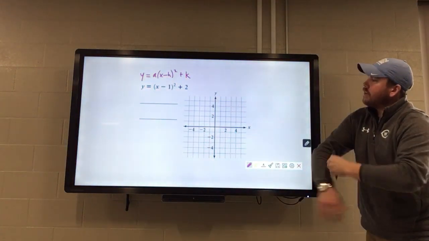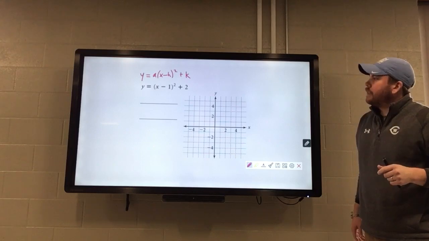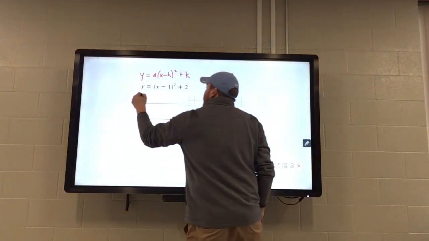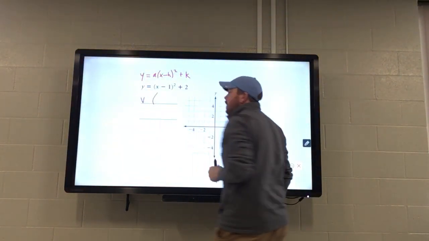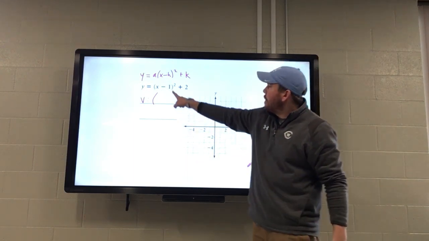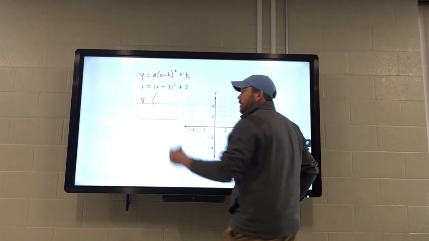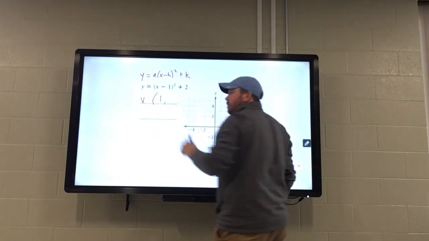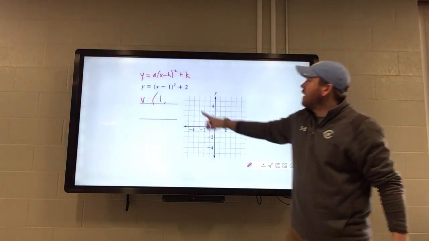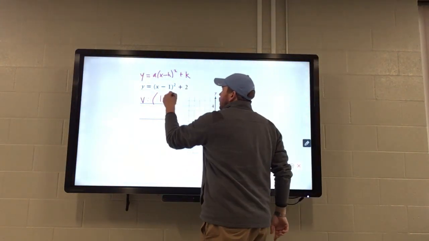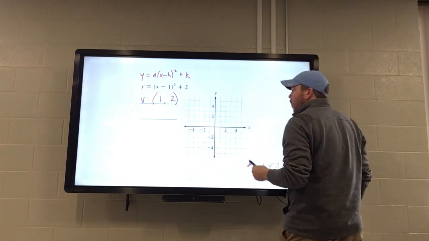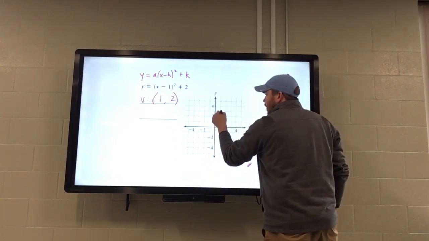So first we can steal the vertex. The vertex is at h, k. My h value is 1. It looks like negative 1, but h is a liar, and my k value is 2. So my vertex is at 1, 2, right here.